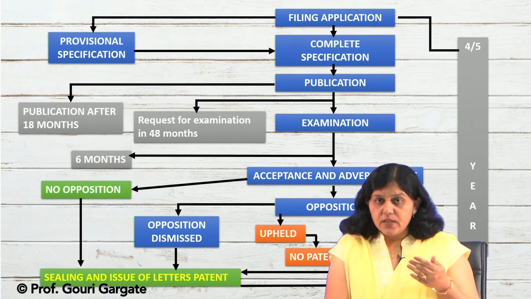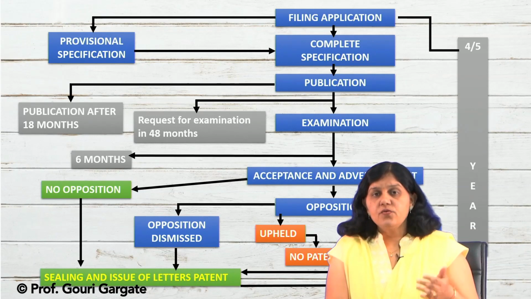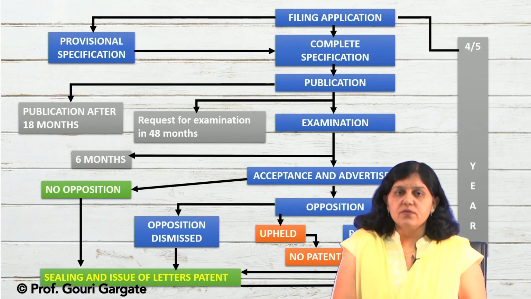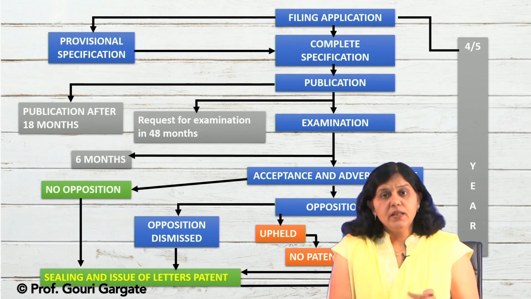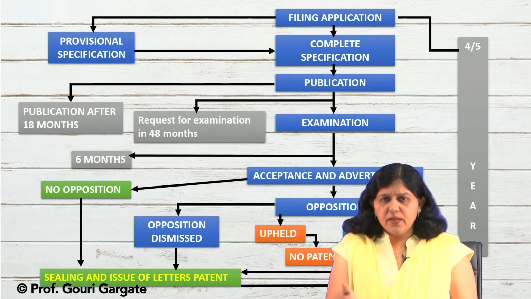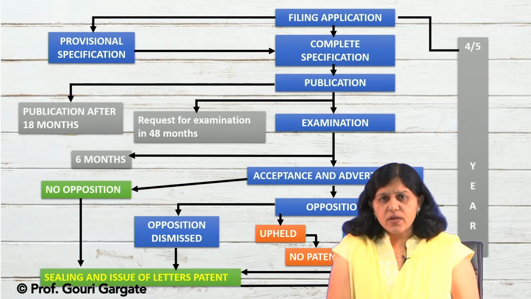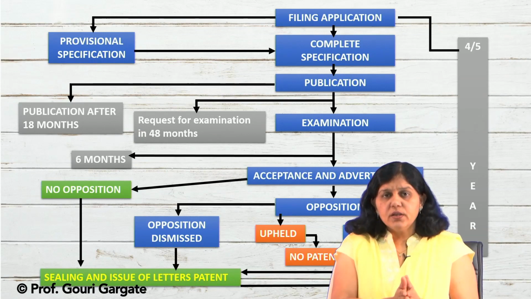If you have done the search report before filing the patent and you find that it is positive, then you need not worry about the grant, because you are about 95% sure that this patent will be granted. So, this is the total prosecution.